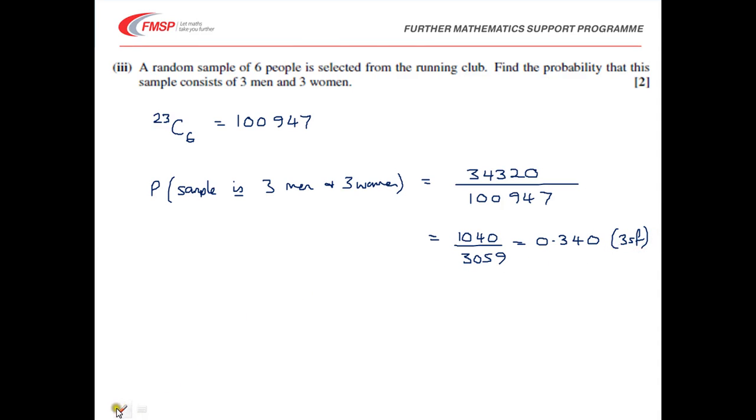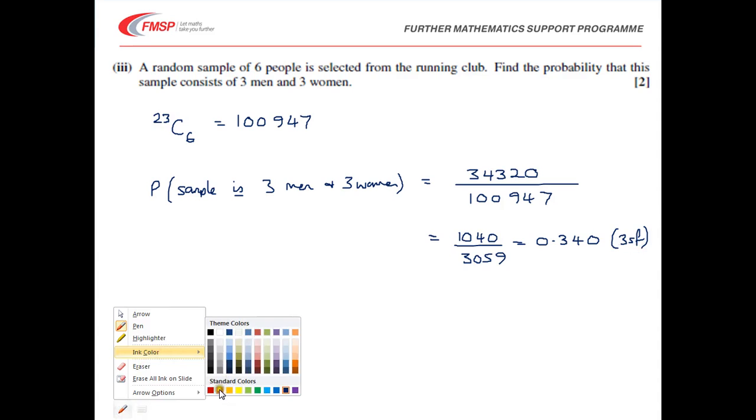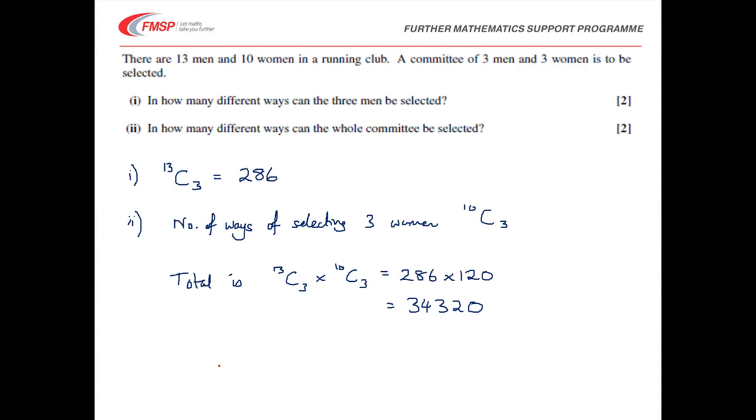Okay, let's have a look and see how the mark scheme works for this question. For part 1, there is a method mark for recognising that you need 13 choose 3 and an accuracy mark for finding that correctly. For part 2, there is a method mark for realising that you need to multiply your previous answer by 10 choose 3 and an accuracy mark for doing that correctly, and you are allowed to follow through from part 1.